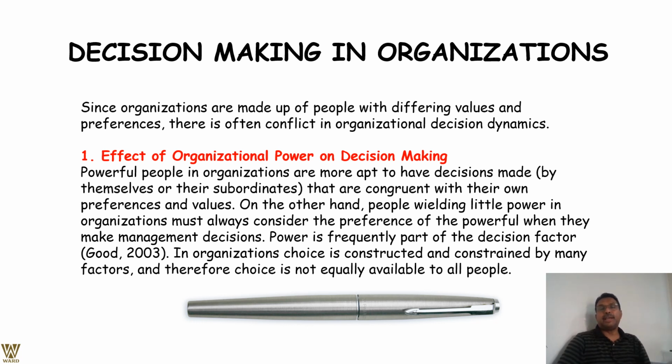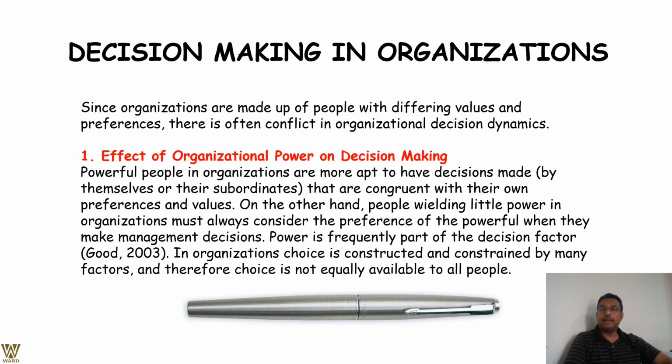Remember, decision making in organizations is all about people. People working in organizations are of different categories, different values, different preferences, and this is where the conflict arises. Effect of organizational power on decision making: powerful people in organizations are more apt to have decisions made by themselves or their subordinates that are congruent with their own preferences and values.